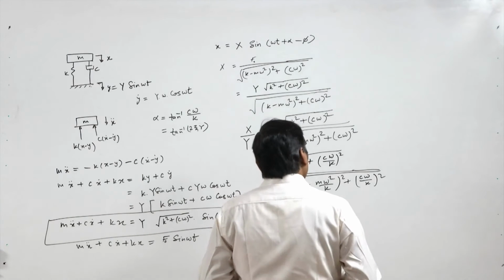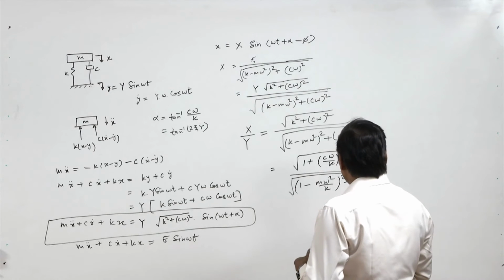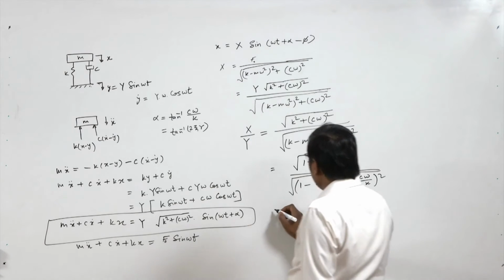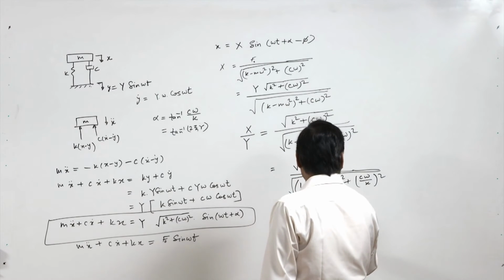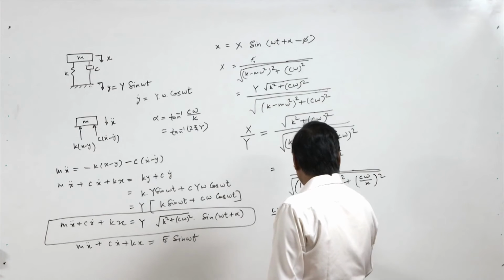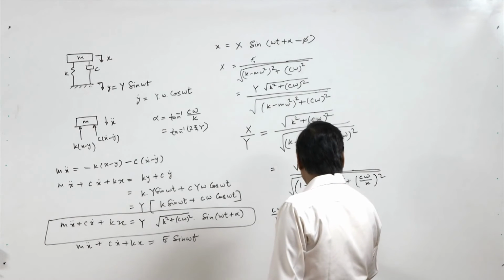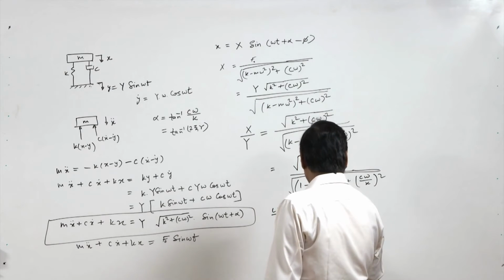So we can write c omega by k equal to 2 zeta r, and omega n square equal to k by m, and r equal to omega by omega n.